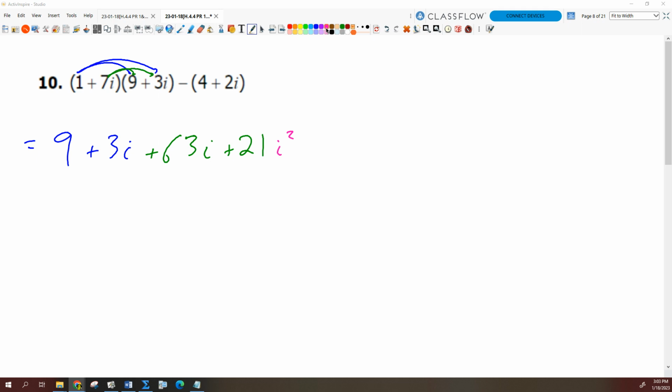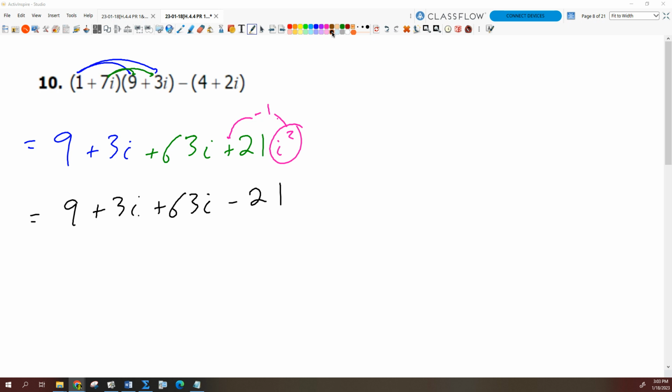What's i squared equal to? Okay, so anytime I see an i squared, that's going to convert into a -1. And so that just means I'm going to multiply that last term by -1. So all it's ever going to do is just change the sign of the last term. Okay. So then what that gives me is 9 plus 3i plus 63i minus 21, right?